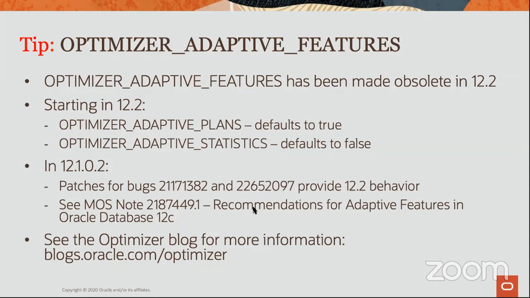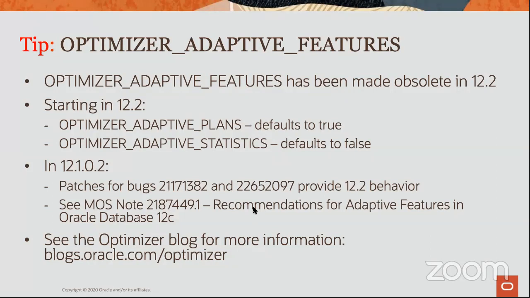And so what I've listed here is that if you are still on 12.1.0.2, there are some patches that you can put on your system that will duplicate the 12.2 behavior. The reason this is important for Database In-Memory customers is because obviously we're changing the plan. We're going to now access the data in the column store. We're going to do basically what I'll show you with some execution plans, a table access in-memory full, as opposed to how the query would possibly have run prior to having Database In-Memory enabled.